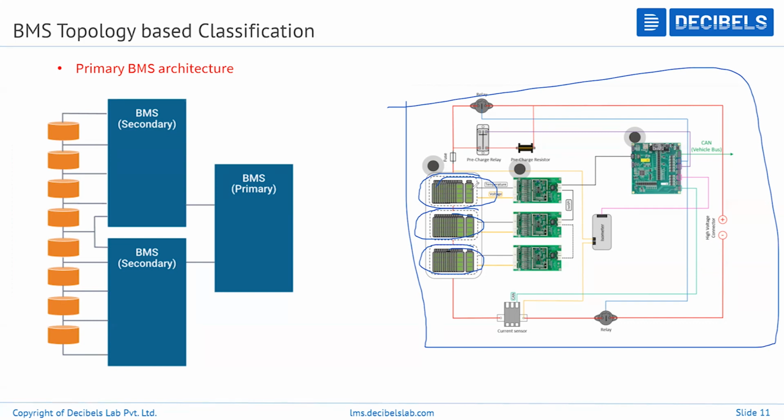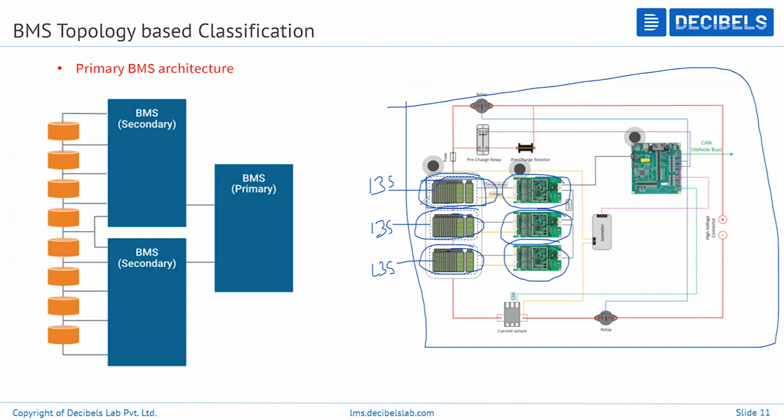So within this battery module, let's assume that they are 13 in series, 13s, and this is 13s. I'm just taking a random number here. Okay. So for each individual module, an AFE has been integrated.